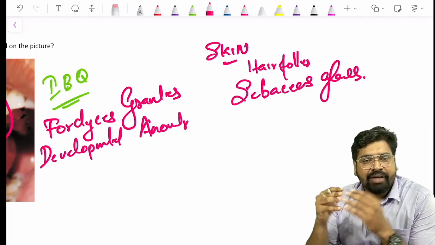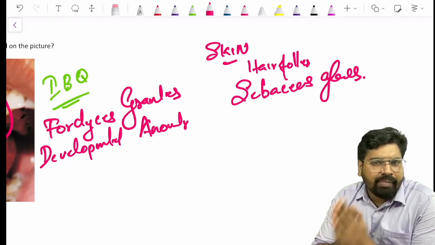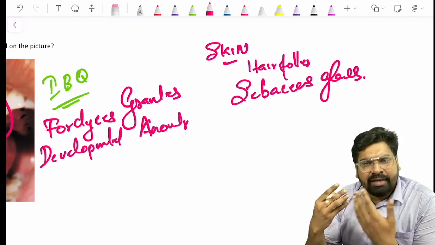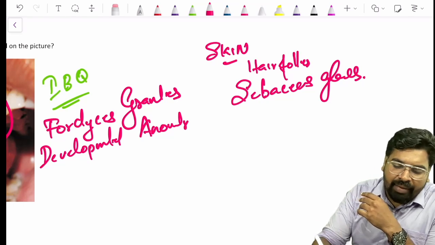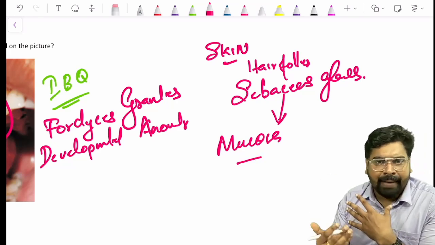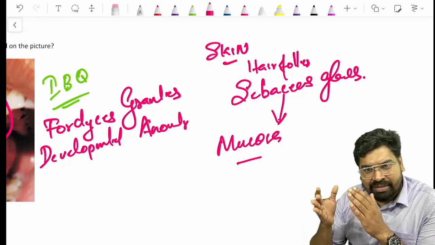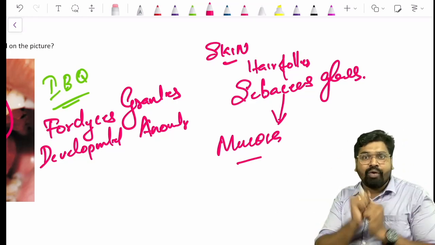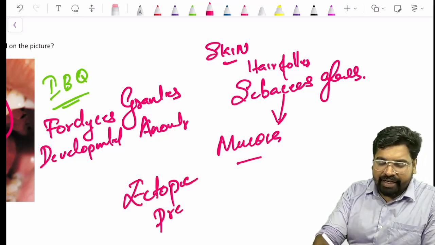Now, listen carefully. Sebaceous glands are not usually present inside your oral cavity. Sebaceous glands are an ectodermal component seen in the skin. If, by defective development or as a developmental anomaly, the sebaceous gland is seen in the oral mucosa, that is an ectopic presentation.